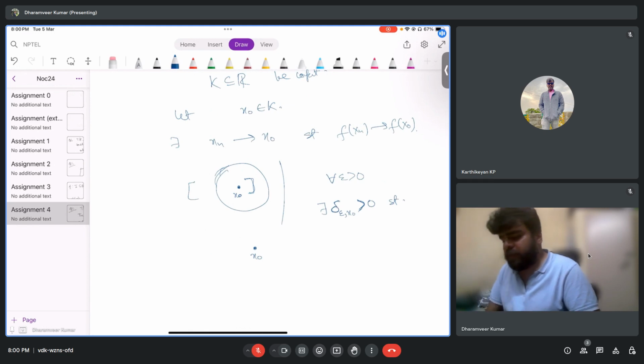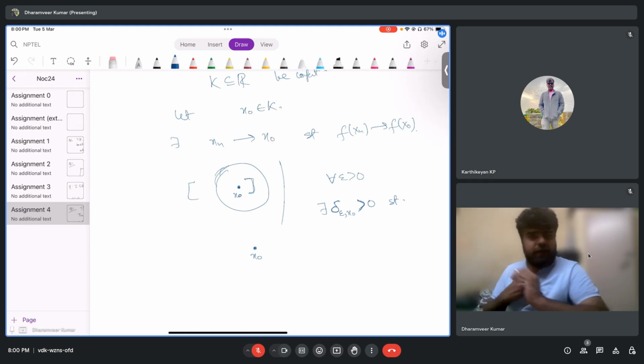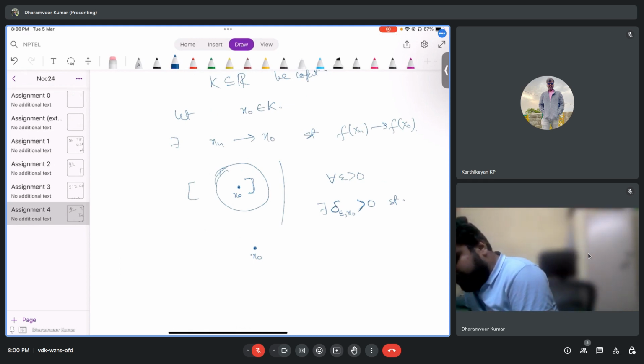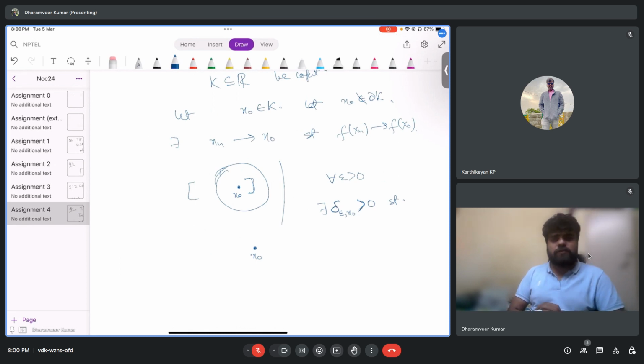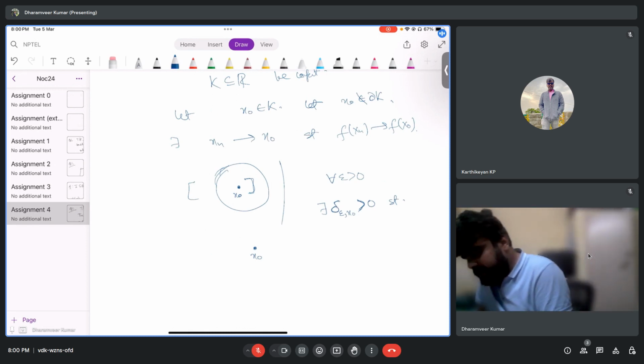Okay, so what I can do is, x naught is in K, right? Let x naught be not on the boundary. So x naught is inside an open set.